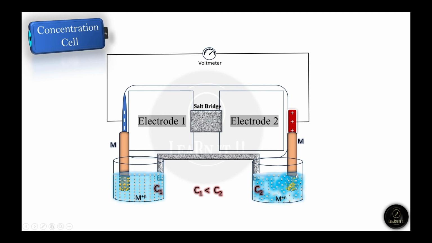The place where reduction takes place is called the cathode. Because of reduction there is electron consumption, which creates a drag through the wire, so the electrons start to flow. This in turn creates oxidation in the left-hand side electrode. The place where oxidation takes place is called the anode.